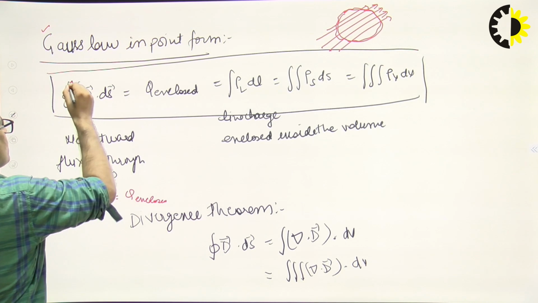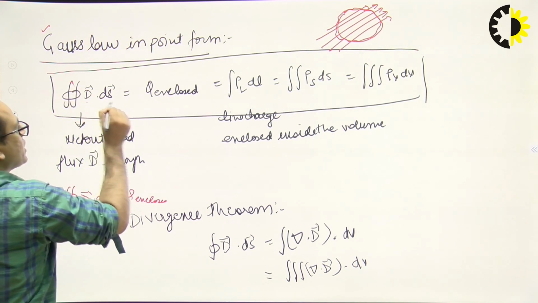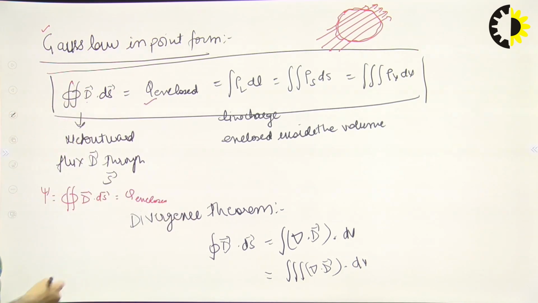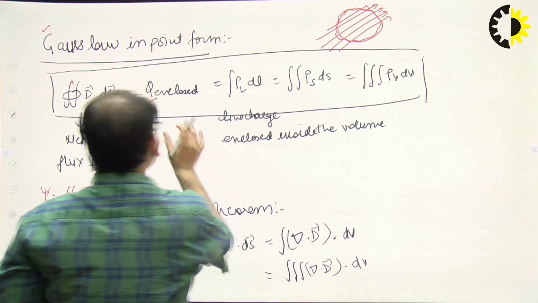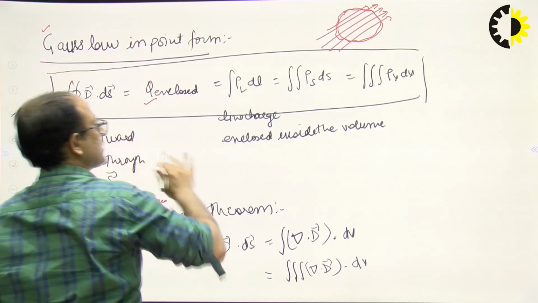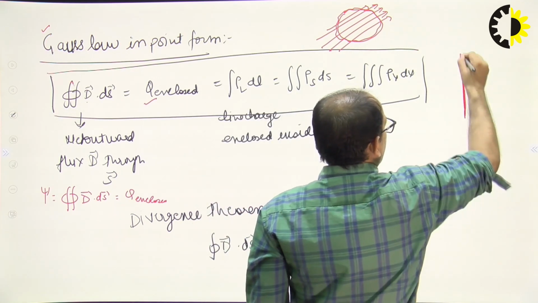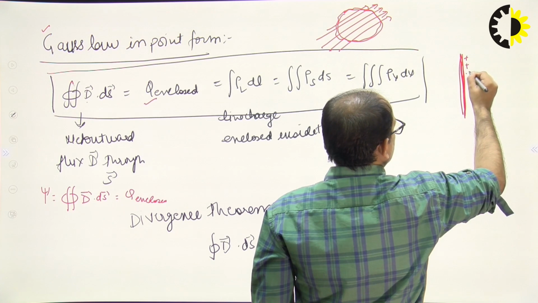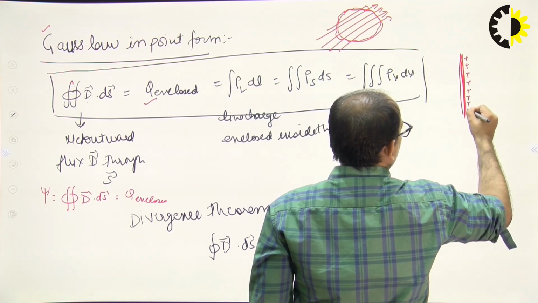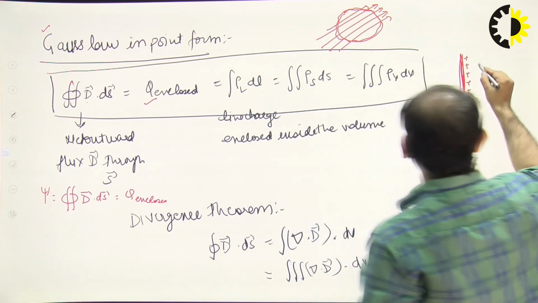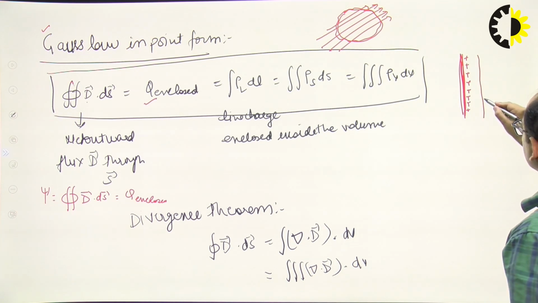So the closed surface integral of D dot ds comes out to be Q enclosed. How much charge is present in the surface? Say this is a line, and this line consists of a number of charges. How many charges will be present here?